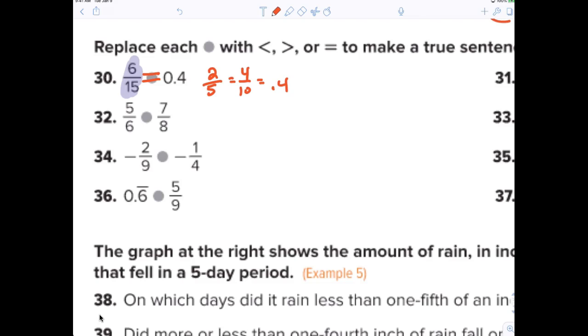Okay. All right, so now on 32, the easiest thing to do for this one is to just do what? Do that cross multiplying, right? So when I do 5 times 8, I get what? 40. And then I do, which is 42. So now we can say that 5/6 is what?